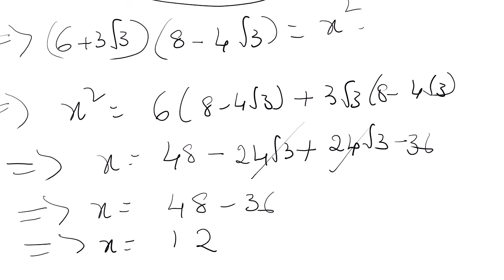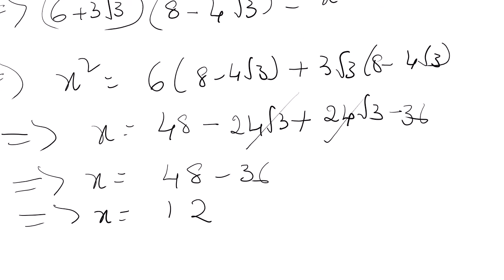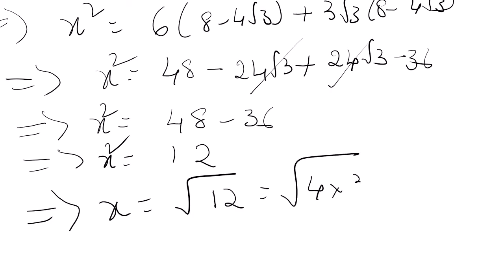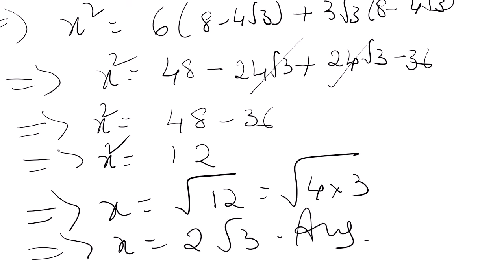Okay, so, sorry, this is x square. So x square is equal to 12. So this implies x is equal to square root of 12, that is square root of 4 into 3. So implies x is equal to 2 root 3. That is the answer. Okay, children?